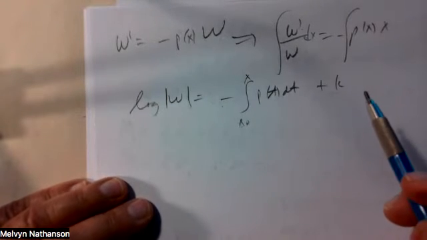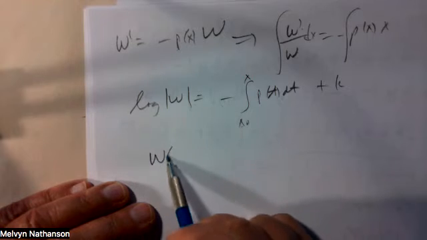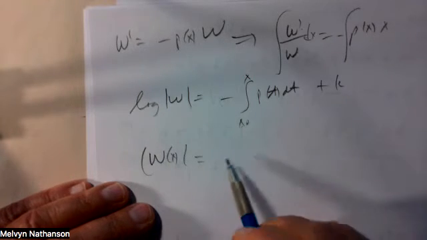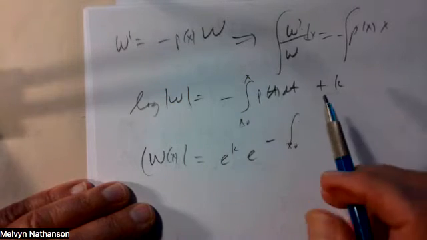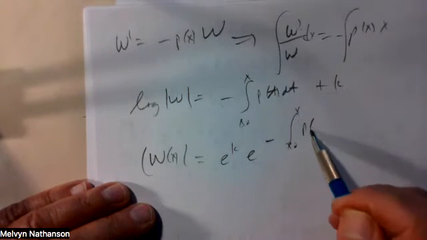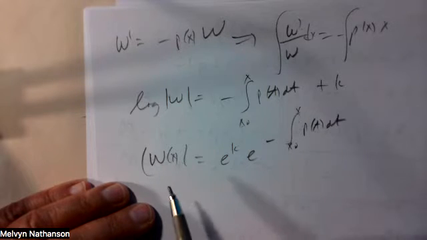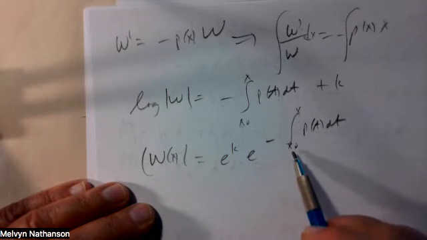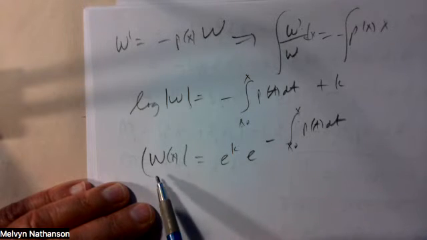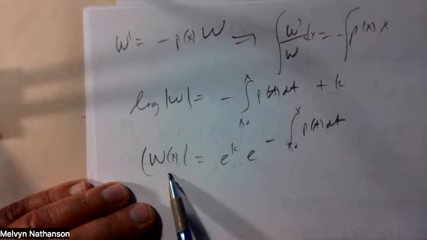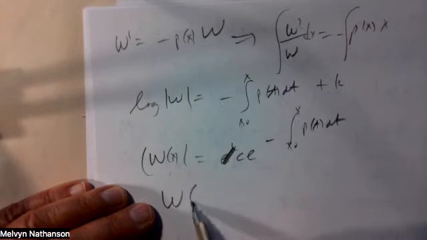plus maybe a constant. If you exponentiate, you get W of x is e to this constant times e to the minus the integral from x naught to x of p of t dt. And W of x is either always positive or always negative, so you can call this constant c.